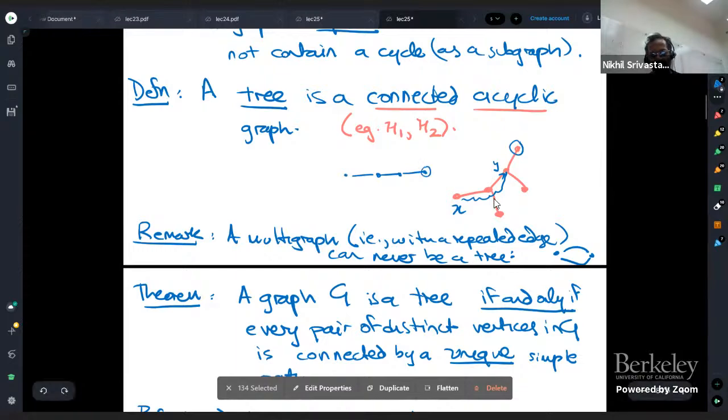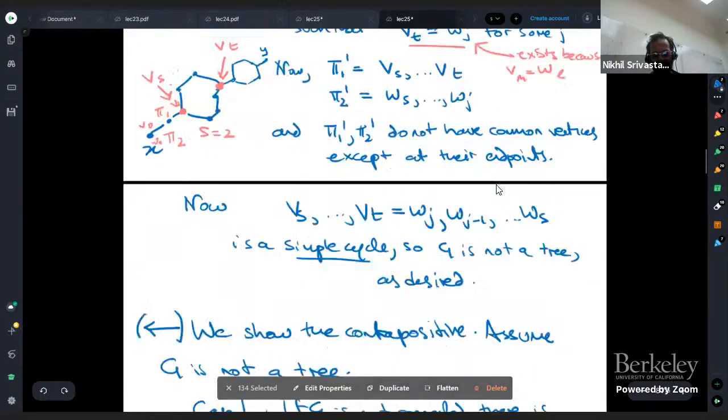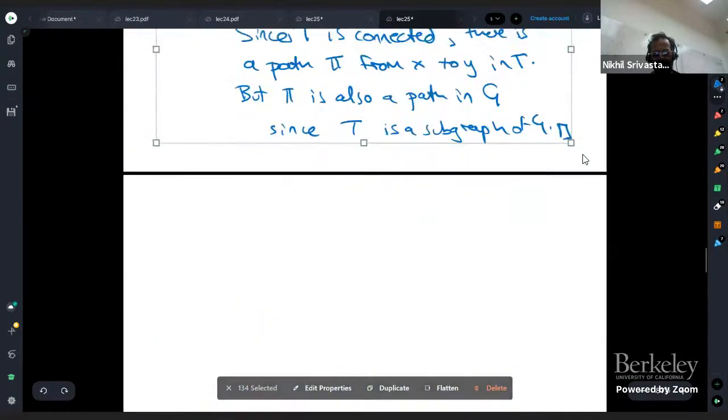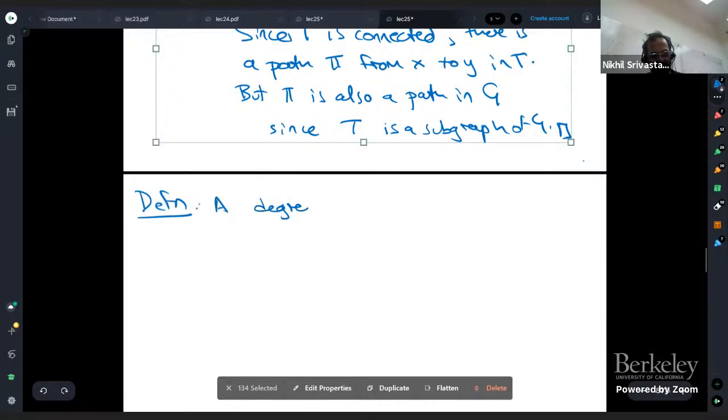So these are special and they're called leaves, following the analogy with actual trees, I guess. So here's a definition. A degree 1 vertex of a graph is called a leaf.